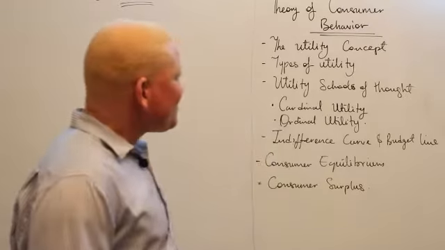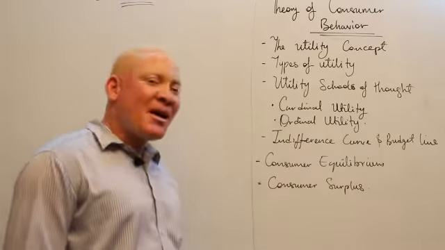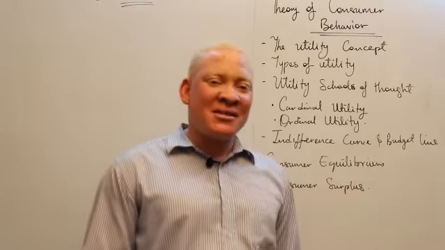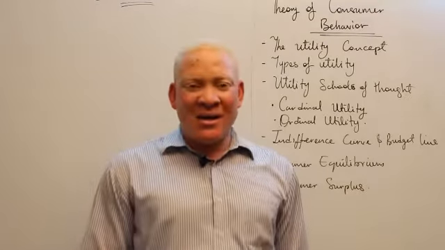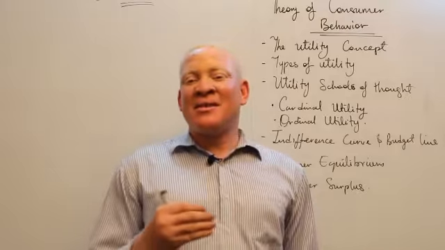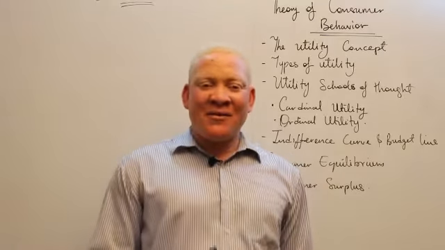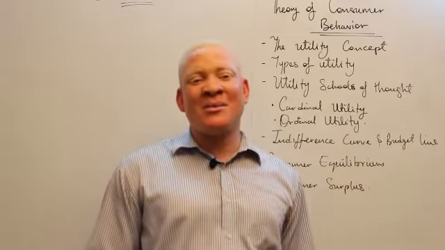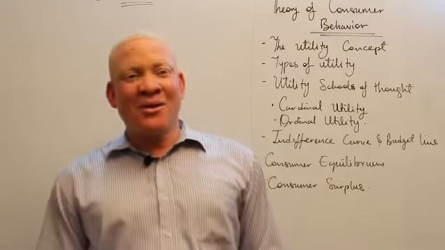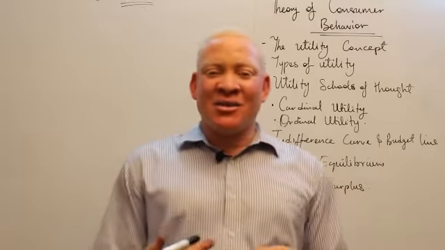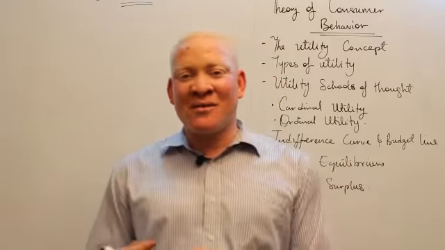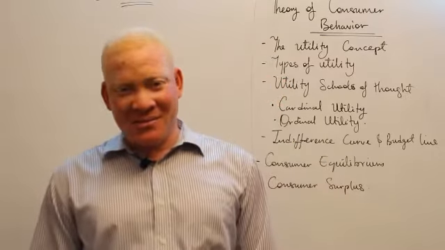Now, the first thing, the theory actually states something. The theory of consumer behavior states that a consumer, given his tastes and preference and price of other commodities, will continue substituting one unit of a commodity for another up to a point where he enjoys the highest possible satisfaction for each unit of the income he spends.